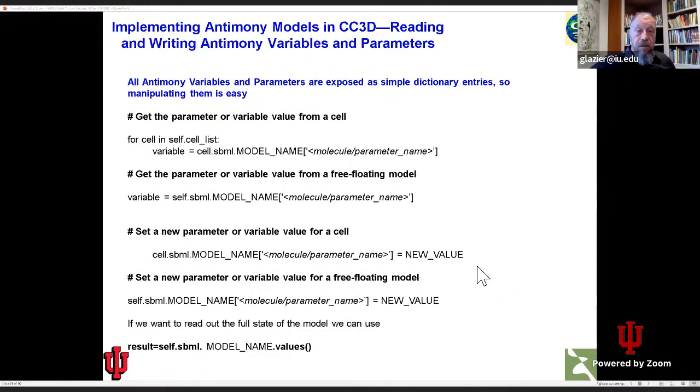Nothing complicated going on there. If we want to read out the full state of the model, there is model name.values that will return the whole dictionary. And I actually don't remember the exact format of that. I'd have to print it and look at the exact details of how it works. I don't use that one very much, but it's potentially useful.